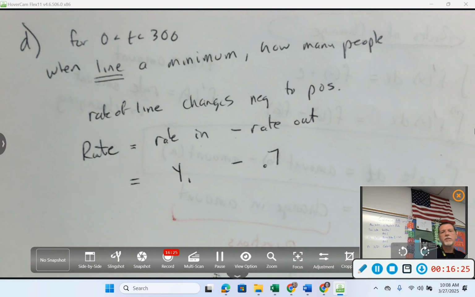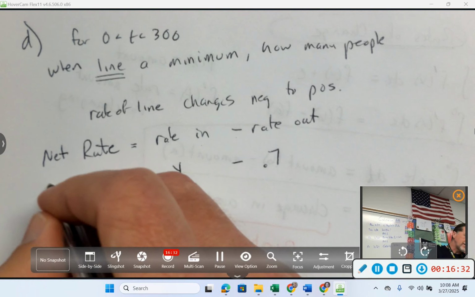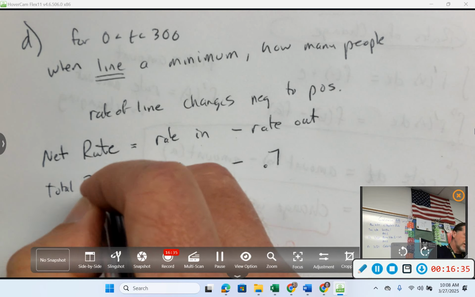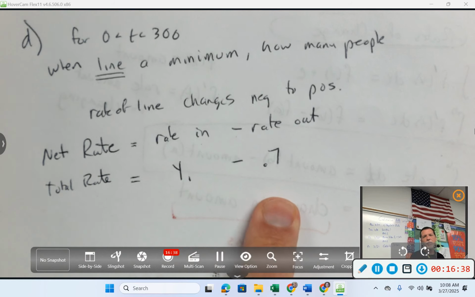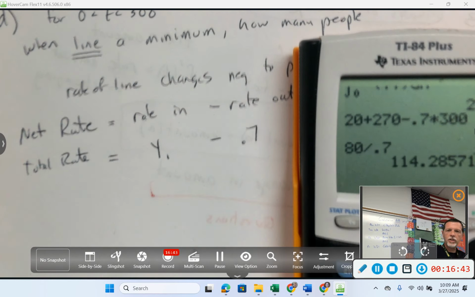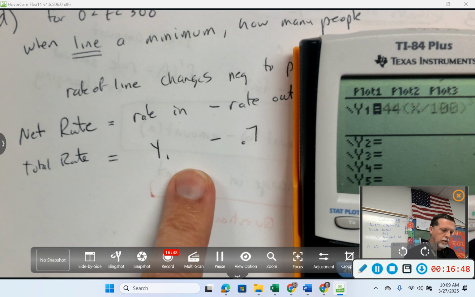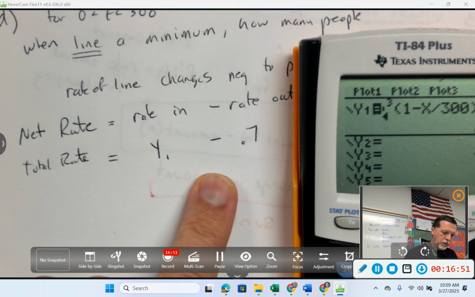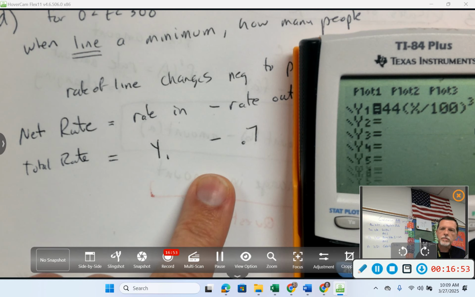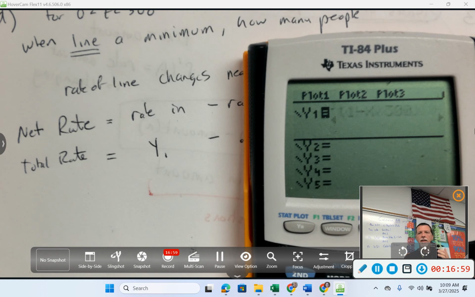The rate out is 0.7. I don't know if I want to call this the net rate or the total rate. I got some people coming in and some people leaving, and I want to know where that changes negative to positive. And the good news is I've got a calculator, and I've already got R in there, or Y1. So I'm just going to go to the end and put minus 0.7. So R, people in, minus 0.7, the rate of people going out.